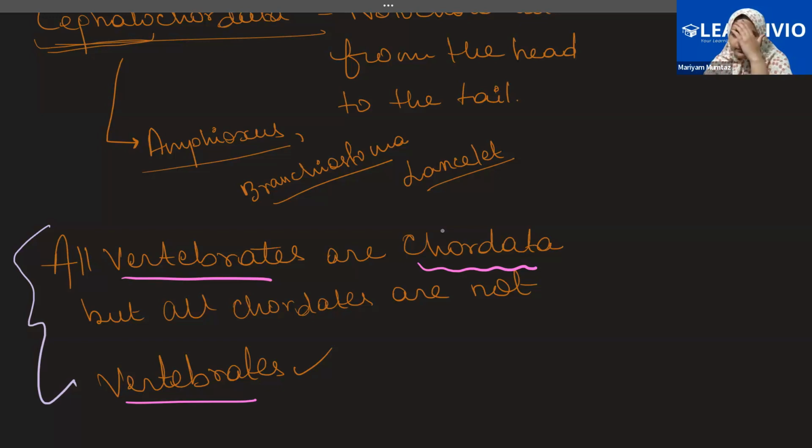That means there are others. But why wouldn't we classify all the chordates as vertebrates? There must be some reason. It lies in the name. They don't have vertebral columns. Yes, they don't have vertebral columns, right?